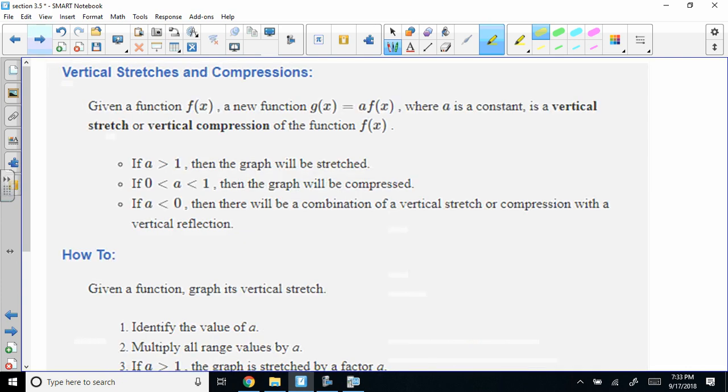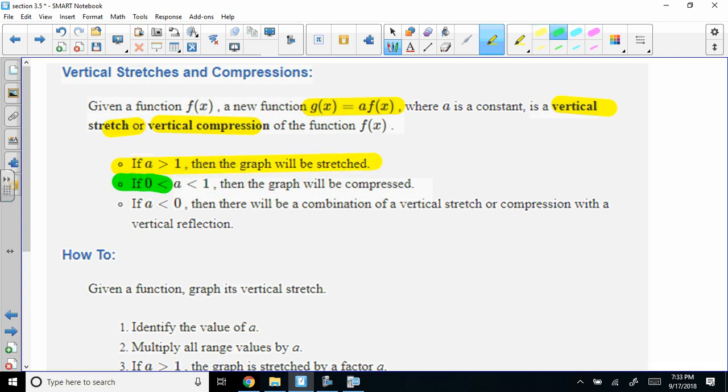So, even and odd. Vertical stretches and compressions. If it's a times f of x, then you have a vertical stretch or compression, right? So if your a is greater than 1, it's being stretched.